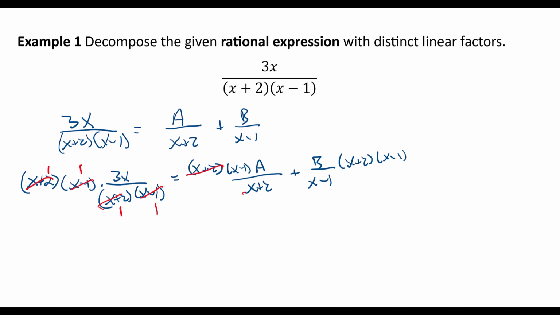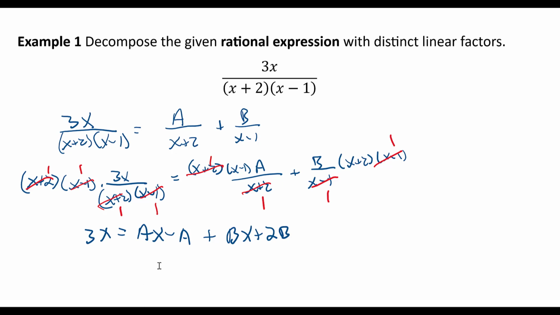Then over here, the x plus 2's divide out, the x minus 1's divide out. And so it gives us 3x on the left equals, we have x minus 1 times A, so Ax minus A, then plus B times x plus 2, Bx plus 2B.